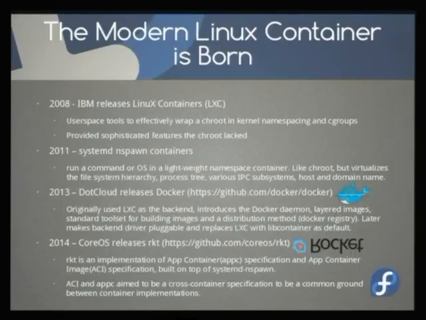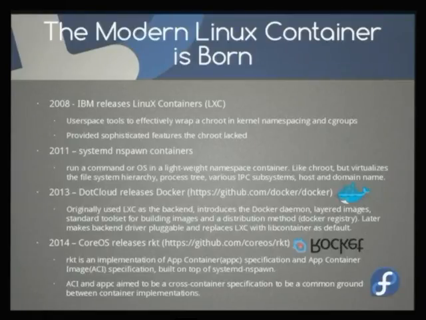So in 2013, dotCloud released Docker, and then they later renamed themselves to Docker Incorporated. This is where things took off, and today it continues to be the most popular container implementation. It added a lot of new abilities, and I think the big thing it offered was a very standard defined workflow to create images.